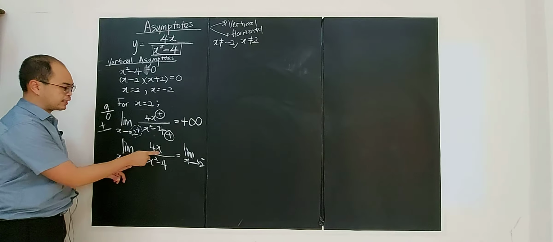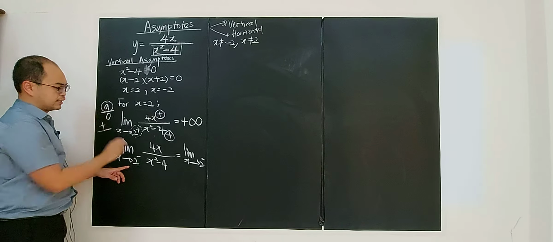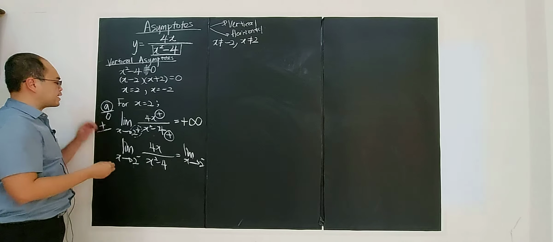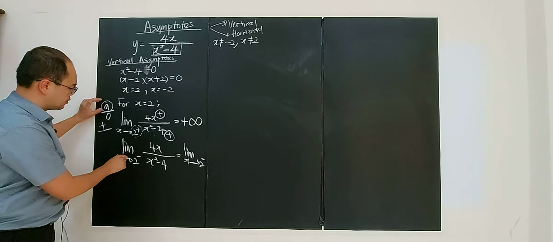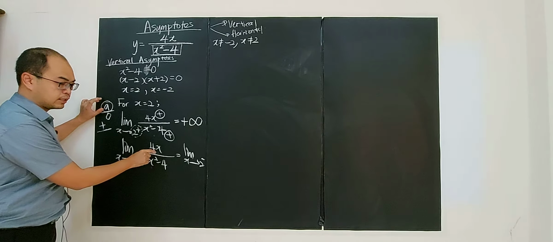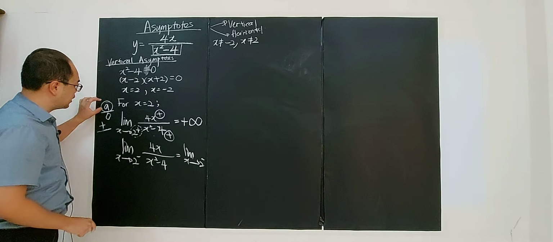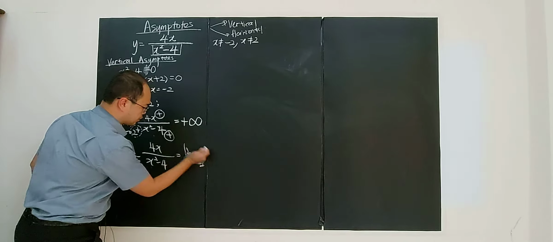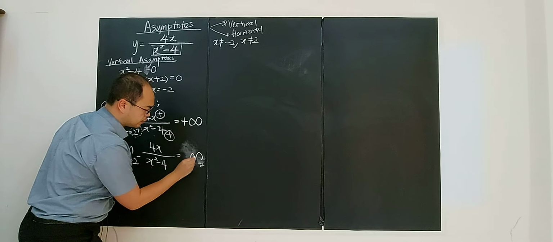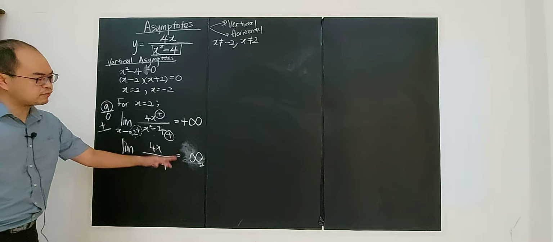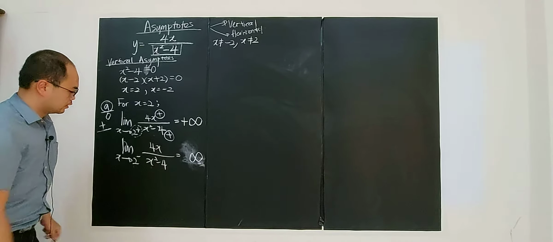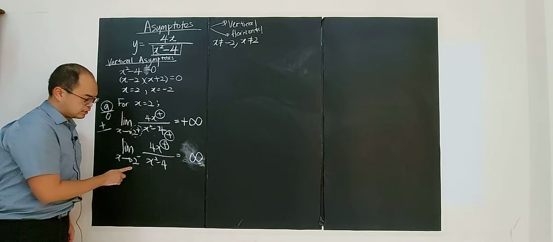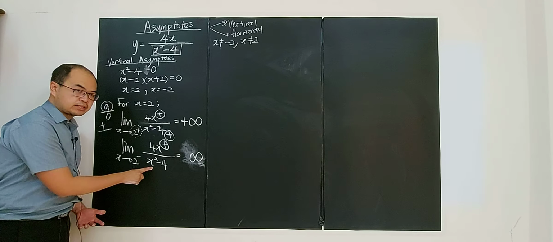If you put 2 here, you get 8, a number, and on the denominator you get 0. Definitely the limit will be infinity, but we have to decide whether positive or negative. The numerator is positive at 2, but the denominator gives 0.